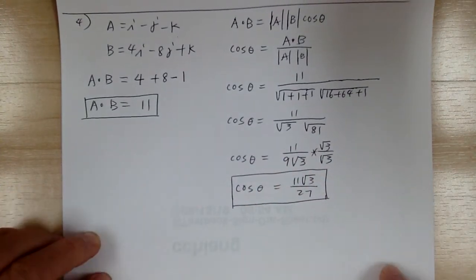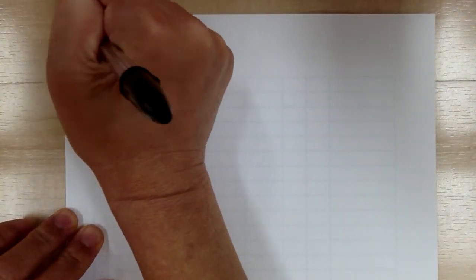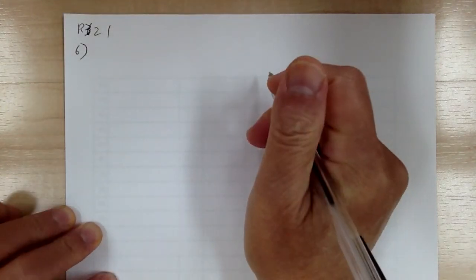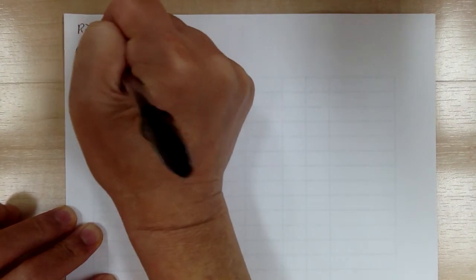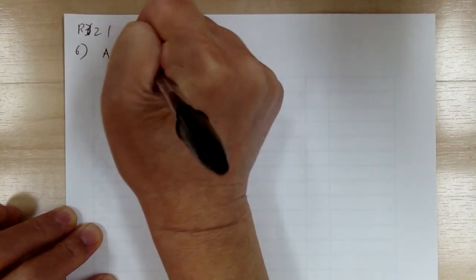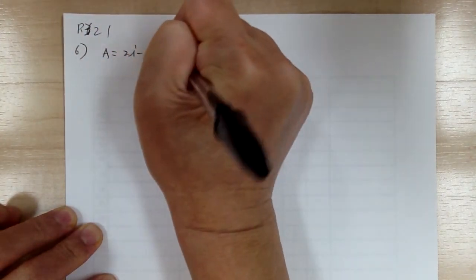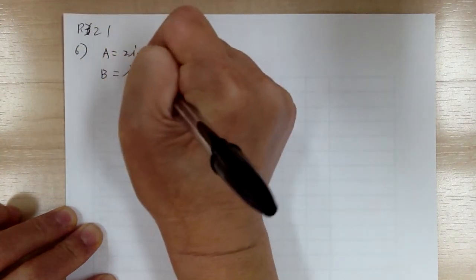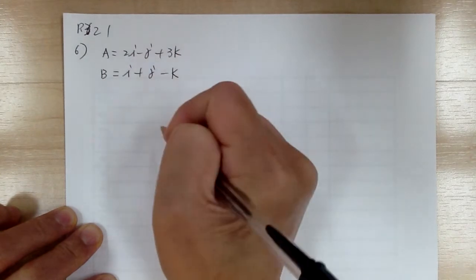Okay, let's go to number 6. You have A equal to 2i minus j plus 3k. You got B equal to i plus j minus k.